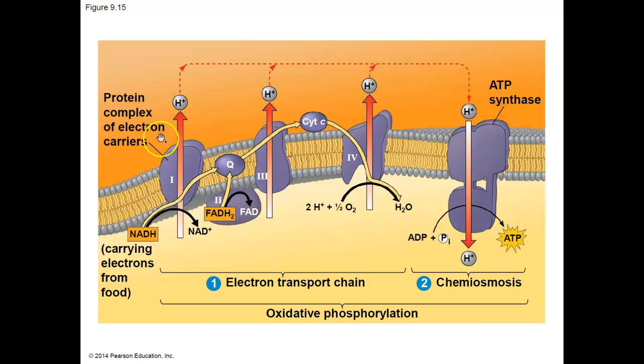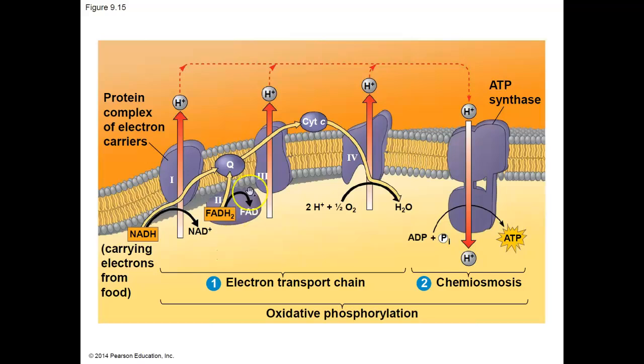The electron transport chain is coupled with ATP synthase for chemiosmosis, where the bulk of ATP is made. Oxygen is acting as a terminal electron acceptor in aerobic respiration and will form water in combination with some of the hydrogens that were donated by NADH and FADH2.